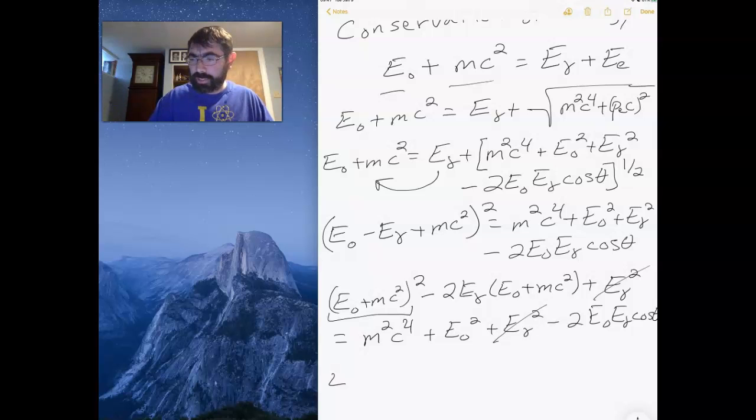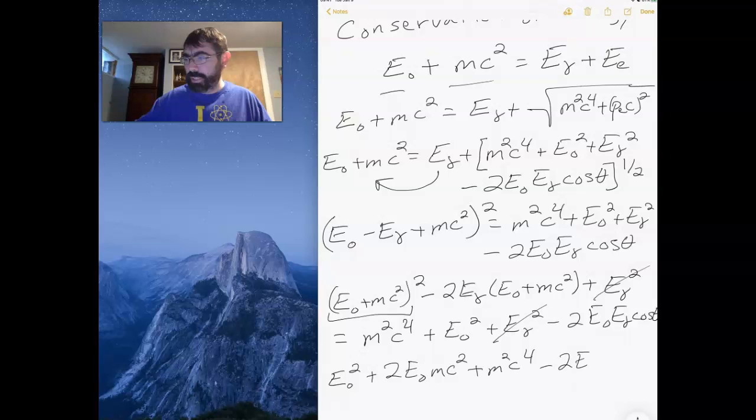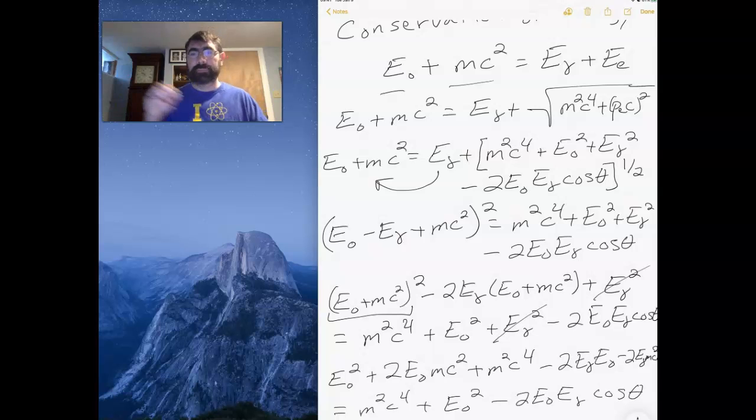Then I get E initial squared plus 2 E initial mc squared plus m squared c to the fourth. And then don't forget the other terms, 2 E gamma E initial minus 2 E gamma mc squared is equal to m squared c to the fourth plus E initial squared minus 2 E initial E gamma cosine theta.